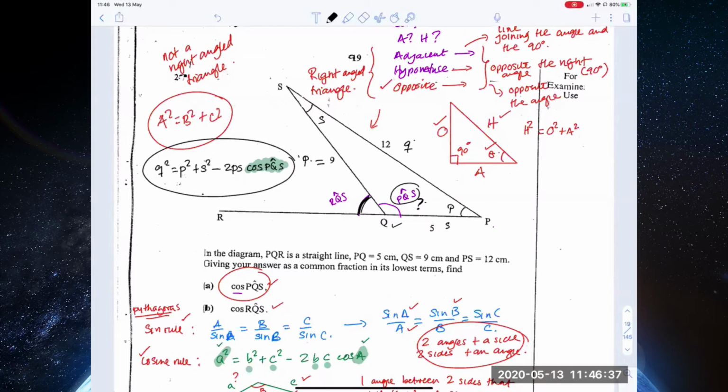R squared is equal to Q squared plus S squared.